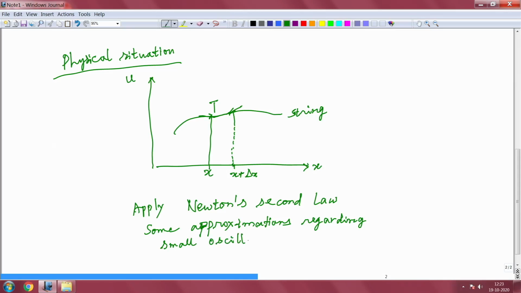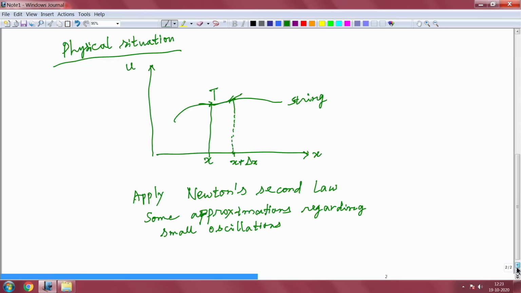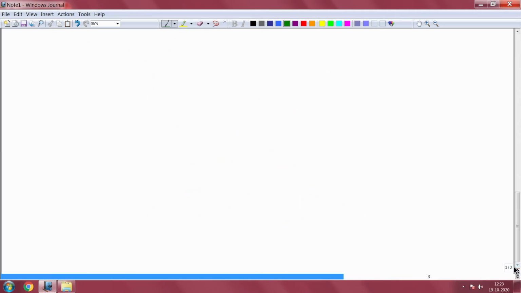If you take arbitrary oscillations, then the equation becomes nonlinear, which is more difficult to analyze. Okay, so return to the wave equation again.